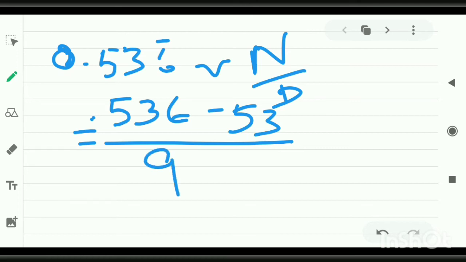So we have only one 9 here, and the number of zeros equals the number of non-repeating digits.